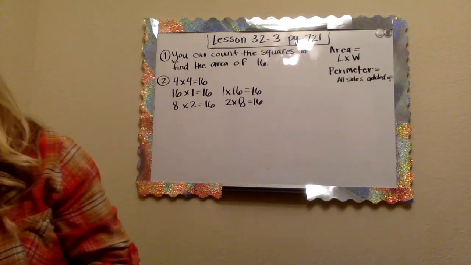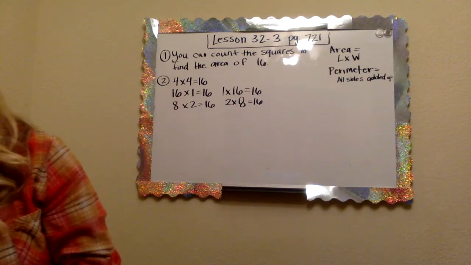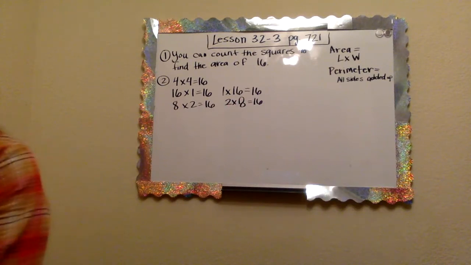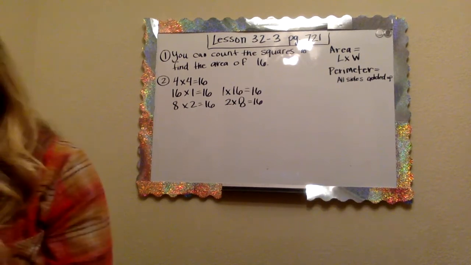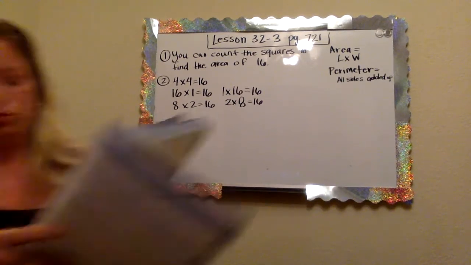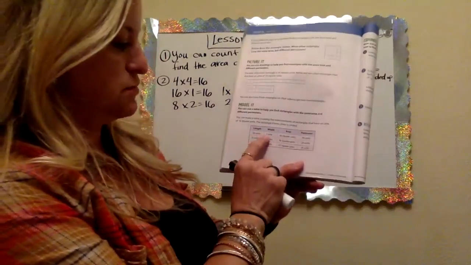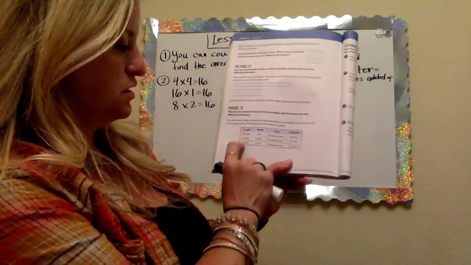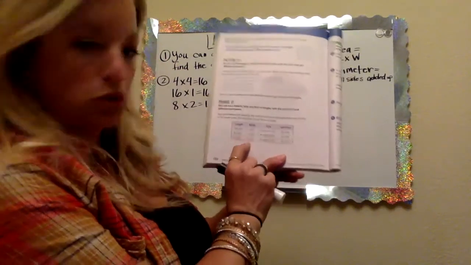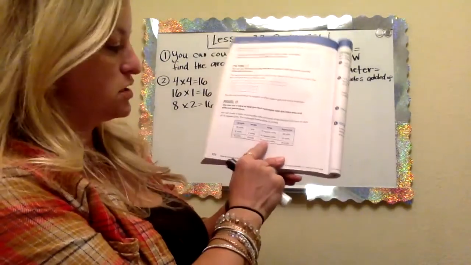Look at the table and model it. Where do you see the factors and products of the multiplication facts that you wrote? The factors are the length and the width, and the product is the area. So again, 16 times 1, these are the factors. Length and width are the factors. You're multiplying those to find the product, which is the area.